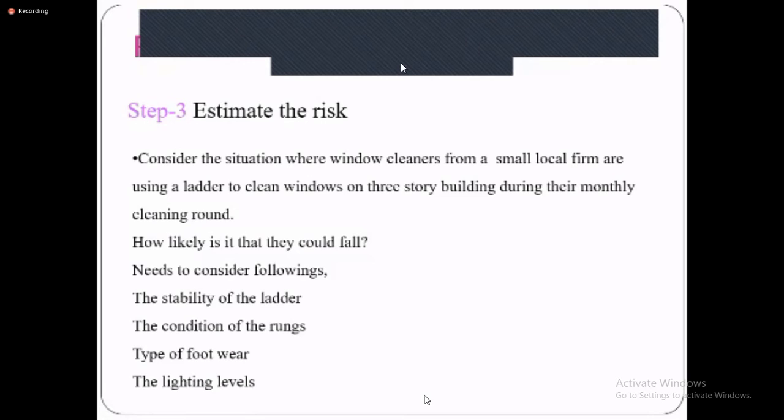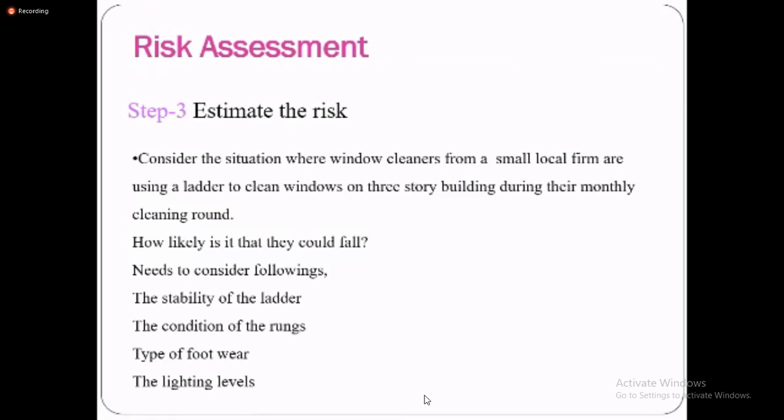We can consider the stability of the ladder, how stable the ladder is, and what the condition of the rungs would be. If the conditions are not good, for example, if it is cracked or corroded or not in perfect condition, then we do have a high likelihood of a fall.